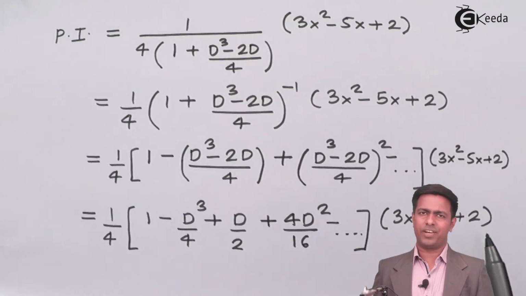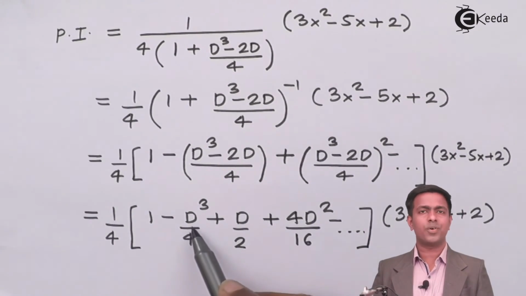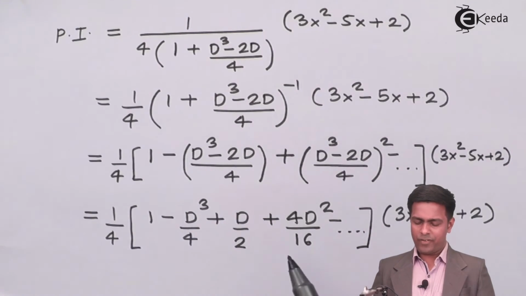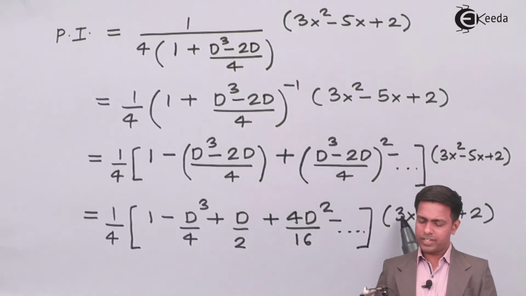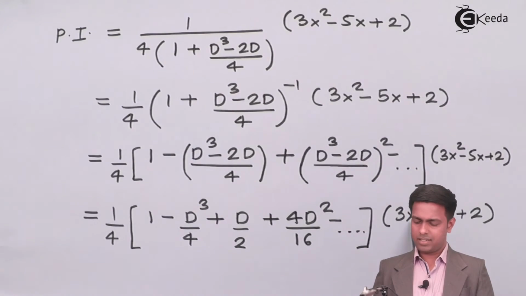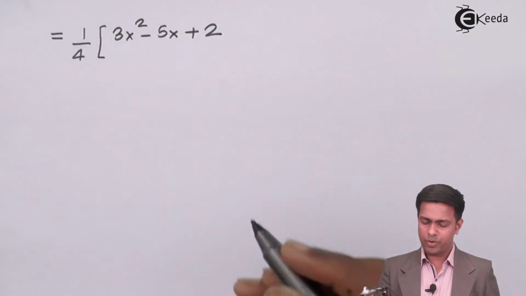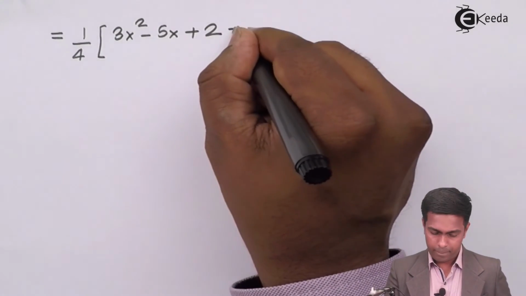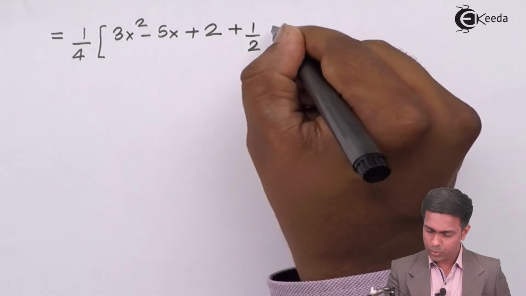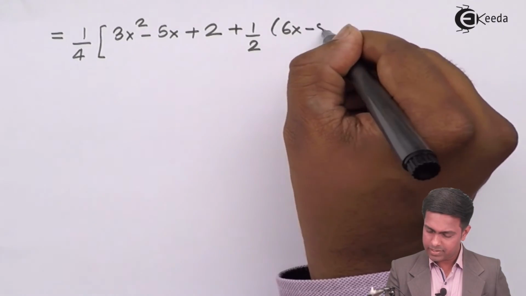But guys, the third derivative is 0, so this term will become 0. Then we'll find out the derivative of this function. So the derivative of this is 6x minus 5. So 6x minus 5 into 1 upon 2. So we will get plus 1 upon 2 (6x minus 5).